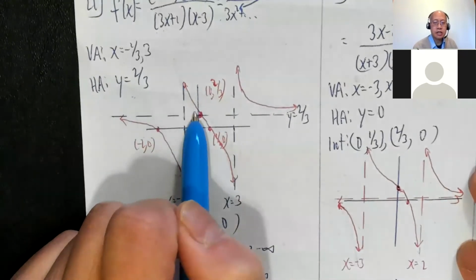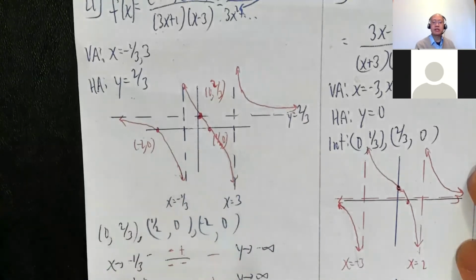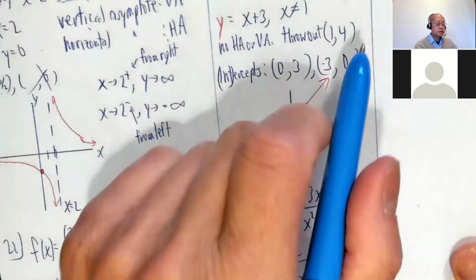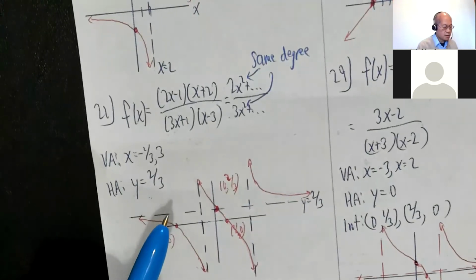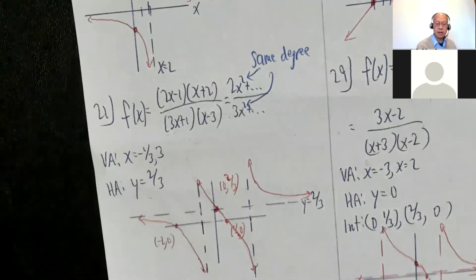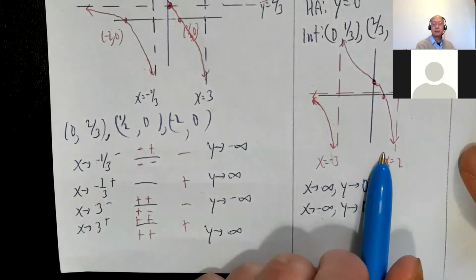And that's what we were guessing was going to happen anyway. Goes like that, touches here, and we suspect that on this side it's going to shoot down, but let's double check. So x approaches 2 from the left. I'm sorry, 1.9.